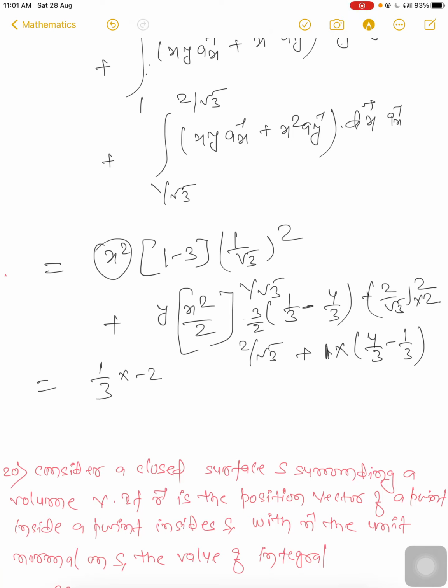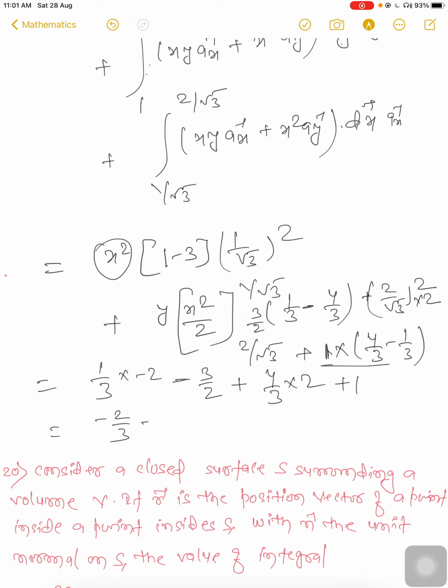And simplify it from above: 1 by 3 into minus 2, minus 3 by 3 minus 1, and you will get 3 by 2, and 2 by 3, and plus here 4 by 3 into 2, and from here 1 plus 1.